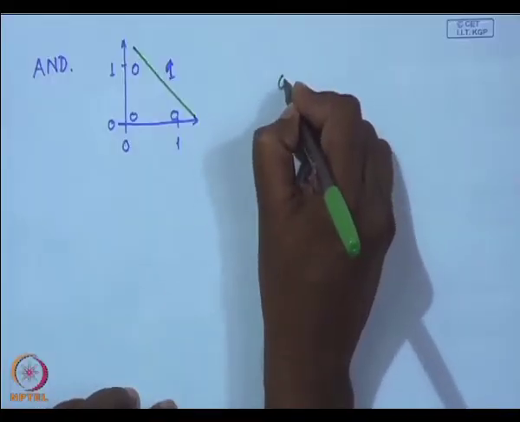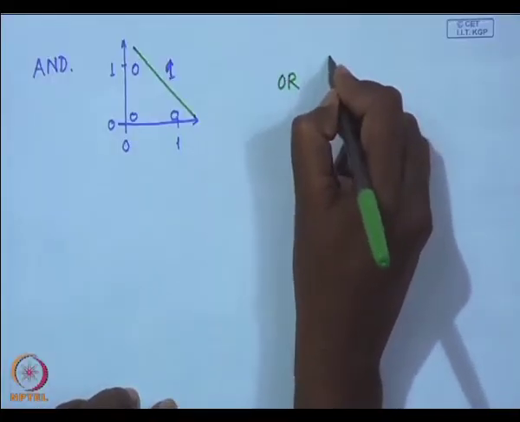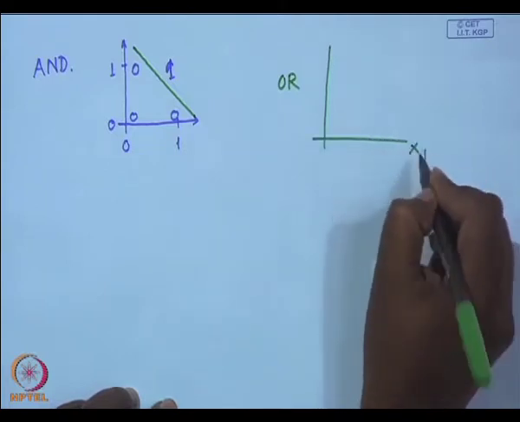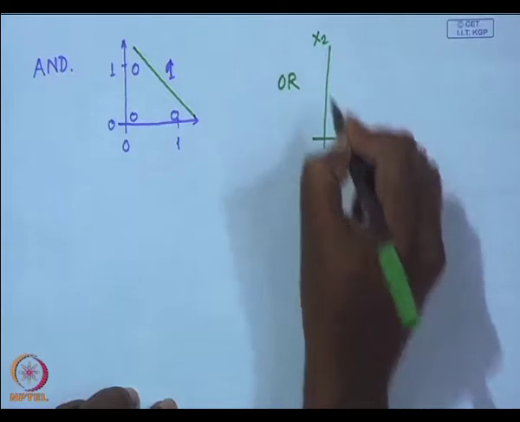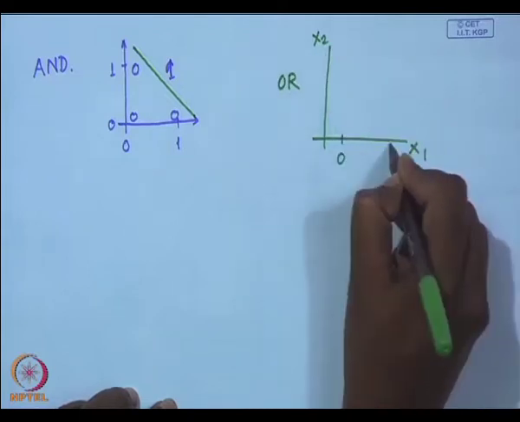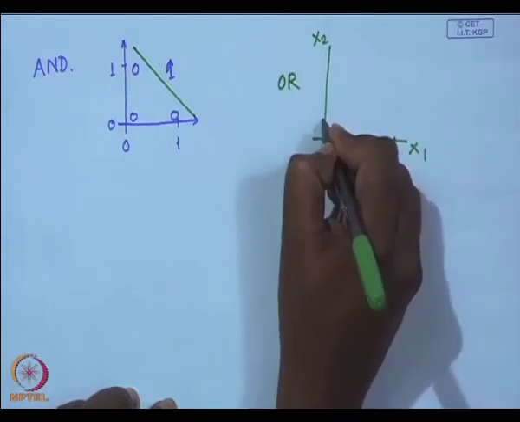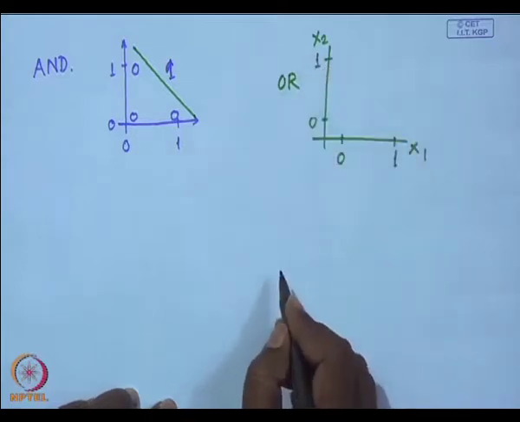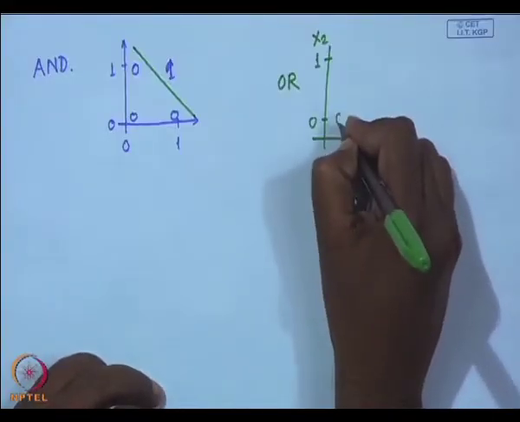Similarly, if I take an OR function, here again I put it as x1, x2, with 0, 1, 0, 1. Only in case of 0, 0, when both x1 and x2 components are 0, the output is 0.